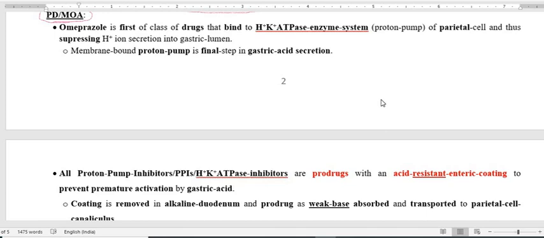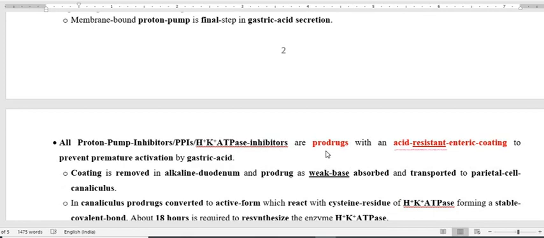When we are administering the drug through the oral route, we coat the proton pump inhibitor prodrug to make it acid resistant. Why? Because for its activation it requires acid. So if we do not coat this, the drug itself gets activated within the stomach and will not reach to bind with the target, that is the enzyme hydrogen ion potassium ion ATPase.